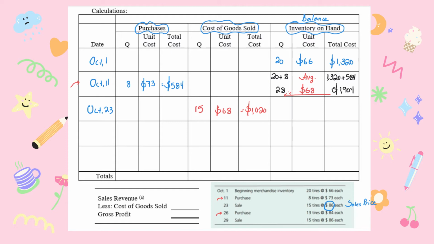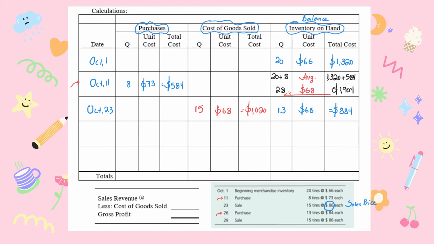Now what's left? I had 28 units, I sold 15. Okay, so 13 units left. 13 at 68 each. It's gonna be 884.